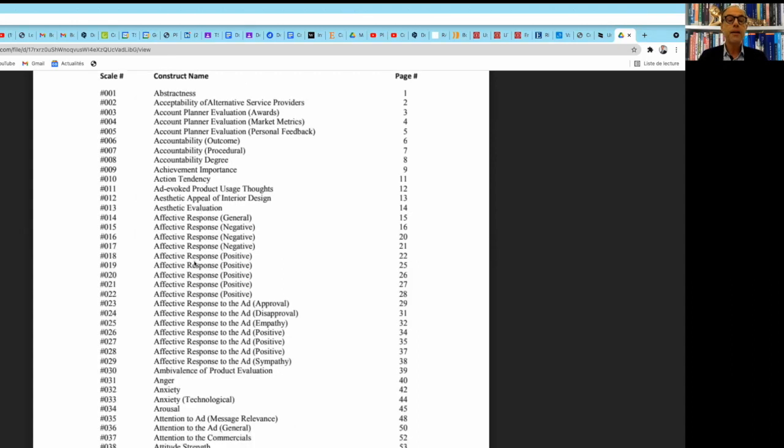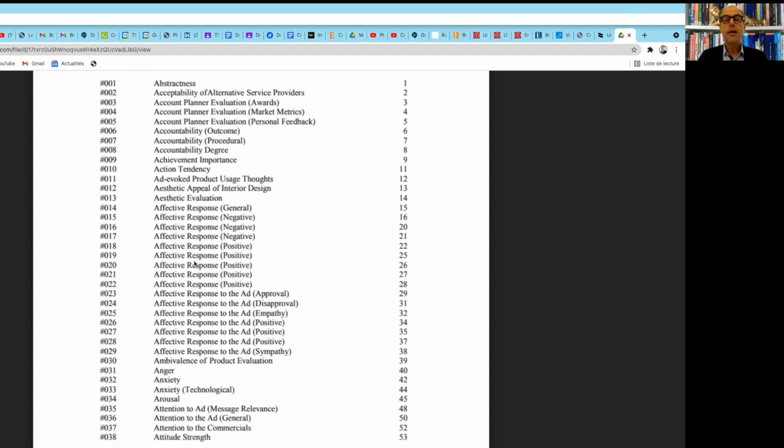For example, here, affective response. What is an affective response? It can be interesting for technology acceptance, because affects are emotions. So how do we react to technologies? Frustration is an affect. Joy is an affect. So it might be interesting to have a look at these affective responses.